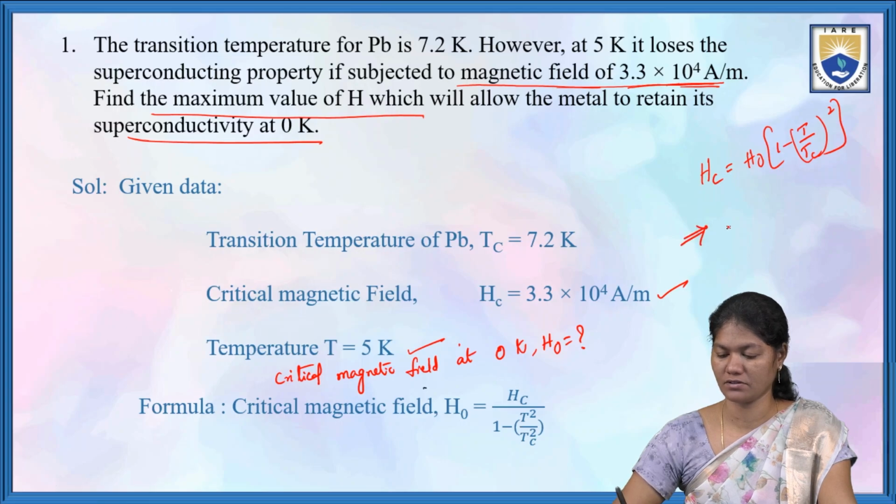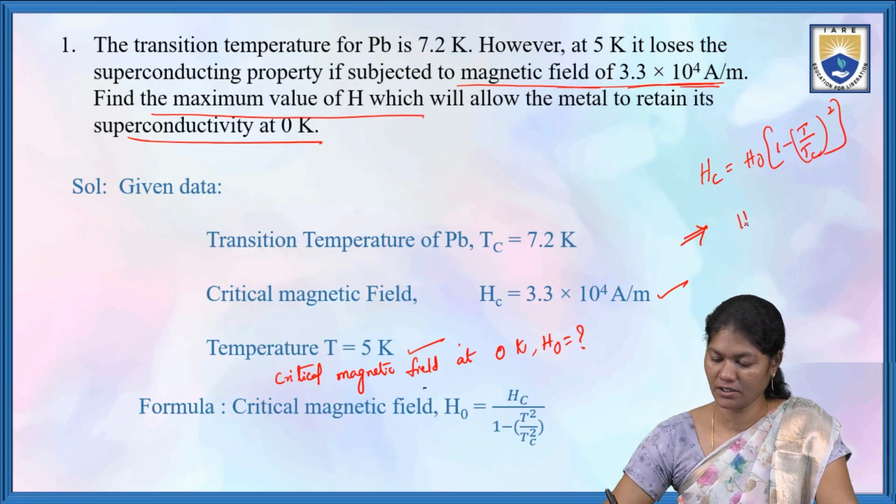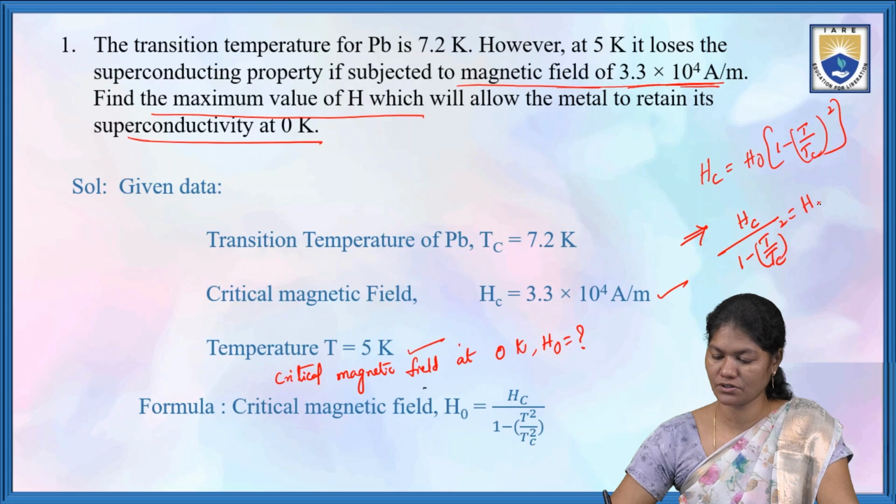So from this, we can write Hc by (1 minus (T by Tc) square) is equal to H naught.